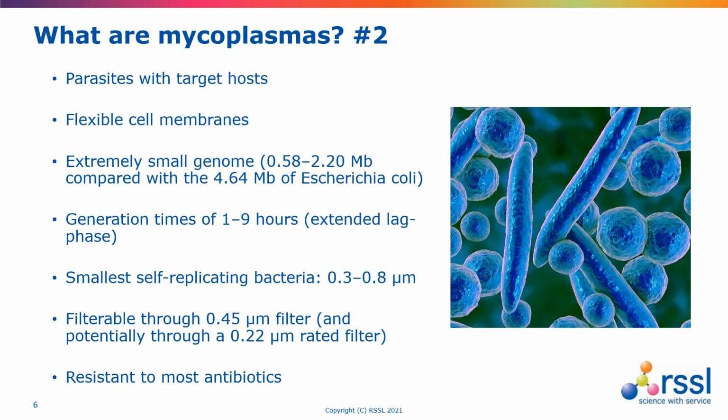As well as being the smallest free-living organisms, they are also the smallest self-replicating bacteria. They have cell sizes down to 0.3 microns, but they can even become smaller than that under particular conditions. That means they can pass through a 0.45 micron filter fairly easily, and will often, if they undergo the correct changes to their cell shapes, pass through what's typically regarded as a sterilizing grade filter of 0.22 micron.